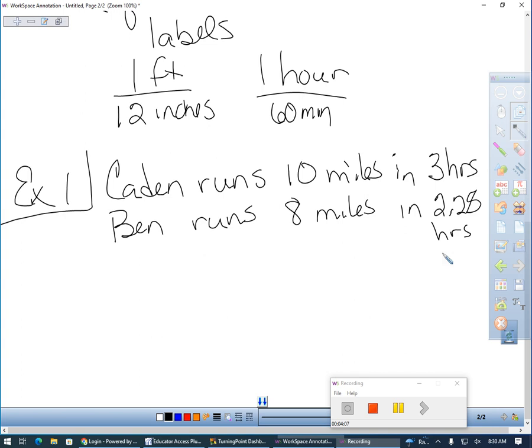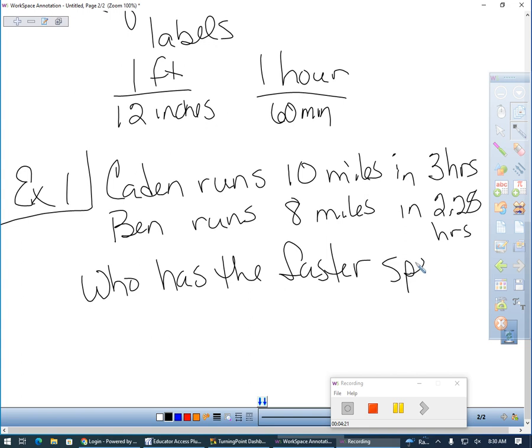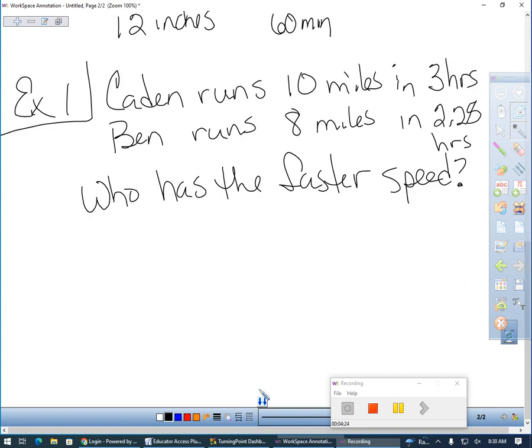All right, what I want to know, who has the faster speed? All right, so in order to figure out which one is faster, we have to turn them into unit rates, right? And think about what is a unit rate when we're talking about miles an hour. We do miles per hour, right?